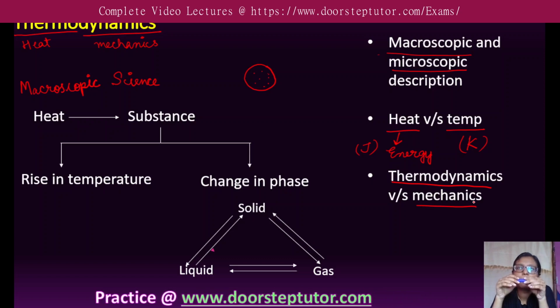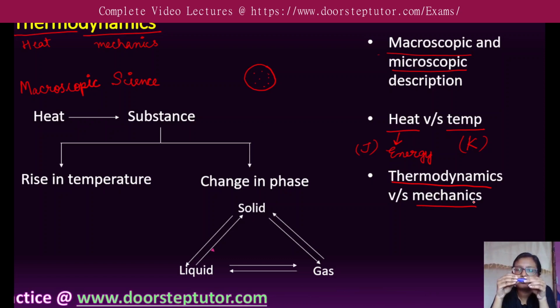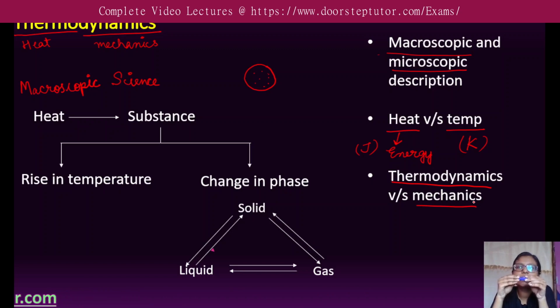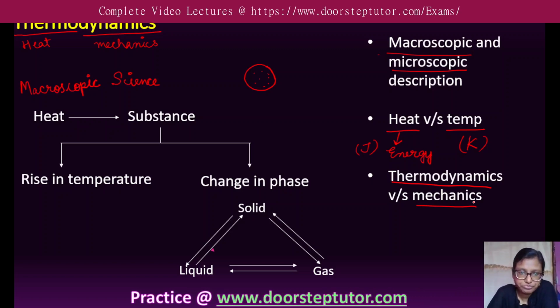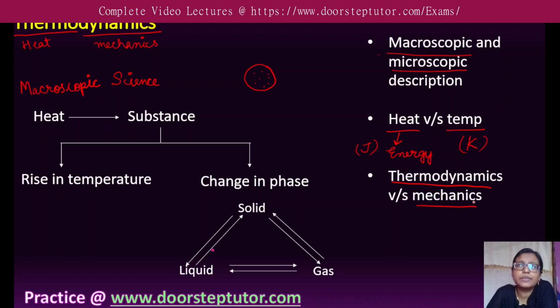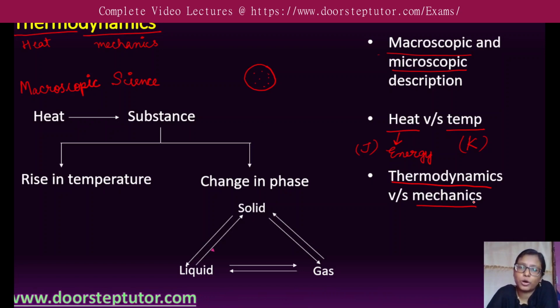So what is happening? The internal motion is changing. So the study of this internal disordered motion is involved in thermodynamics. In thermodynamics, we are not concerned about the motion of the complete body. We are only concerned with the internal motions. But in mechanics, we will study the motion of the whole body.